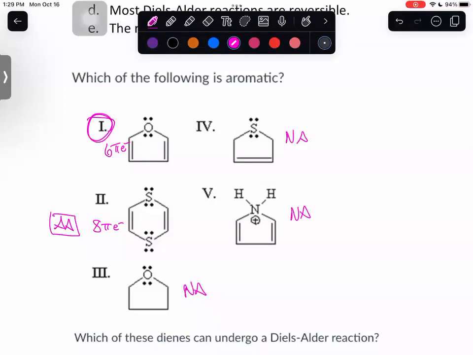Remember, single bonded heteroatoms, they can choose to be sp2 or sp3. If they're sp3, non-aromatic. If it's sp2, how many pi electrons do we see? With sp2, you're given 6. sp3, you're given 4.